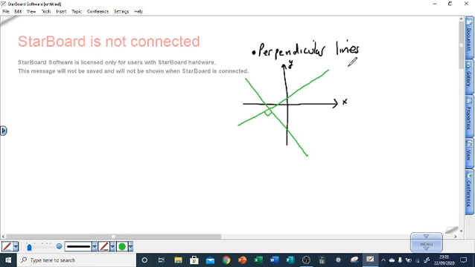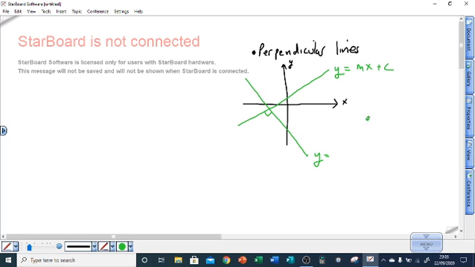Well, there's something special that happens to the gradient. If this line here was y equals mx plus c, I guarantee that's c just there. This here would be y equals, and what you have to do is two things to this gradient to get a perpendicular gradient.